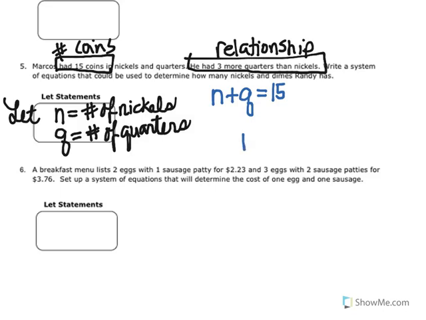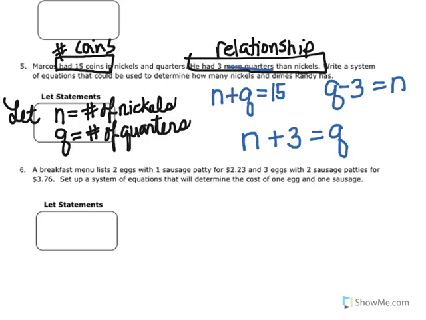So because he has nickels, he has 3 more quarters than he does nickels. So if N is the nickels, plus 3 more is going to equal the quarters. So that's how we would write that. Or you could also write it, the quarters minus 3 is equal to the number of nickels.